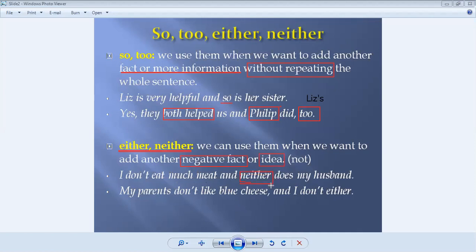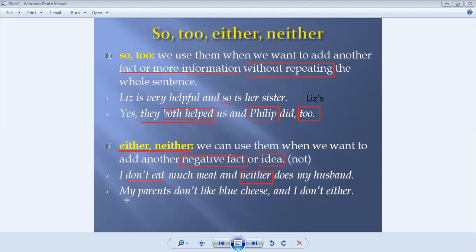What does that mean? That means my husband doesn't eat much meat as well, right? With too, the information is positive. But here it is negative. If it's negative, you're going to use neither.